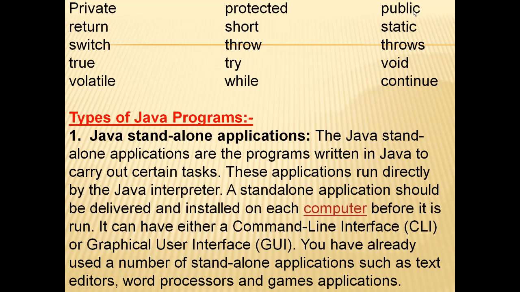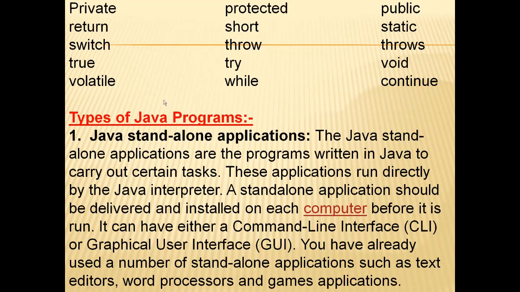Public means the program can be used by anyone. Return is a statement. Short, static, switch, throw, throws, true, try, void, volatile, while, and continue. These are the reserved keywords which cannot be used as variable names.